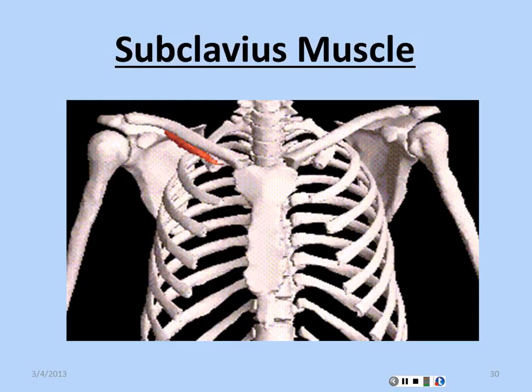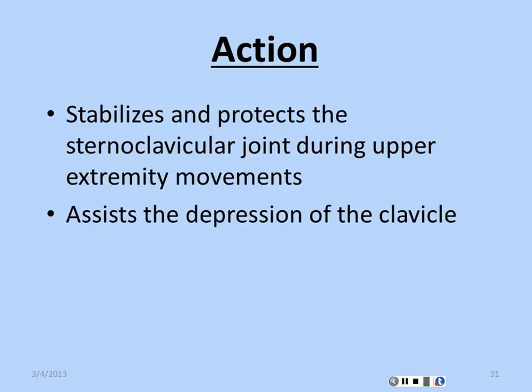I forgot that was in there. So this is the subclavius muscle. I don't know why that effect came, but it's very small, and it's called the subclavius because it's underneath the clavicle. And basically it assists the clavicle in depression. Honestly, I don't think I'm going to ask you a question about the subclavius.